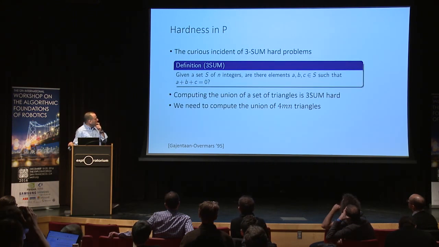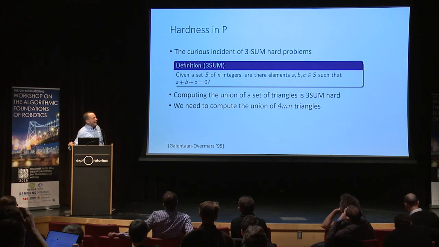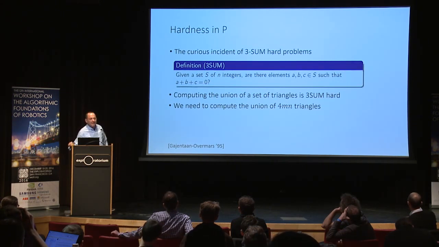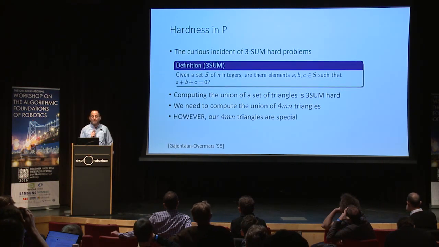Now, we need to compute the union of m times n triangles. So it may sound as if we are in good company, and we will need m squared, n squared time by this discussion. However, our triangles are special.